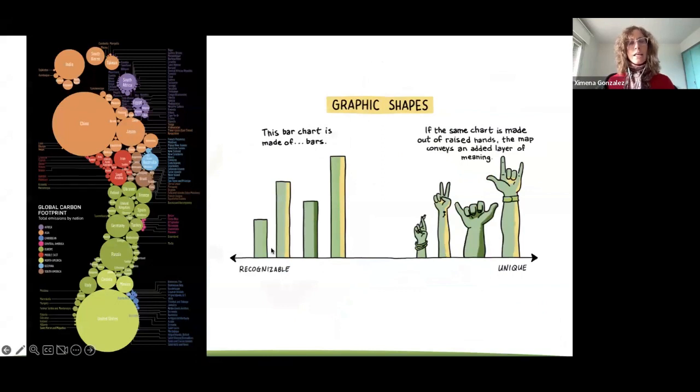Okay, all right. So these are some other interesting ones that came up. The one on the left is the global carbon footprint. They've used an actual footprint, and the circles represent how big your carbon footprint is as a country. So China is the big orange one, and the US is the big green one. They're the big polluters.